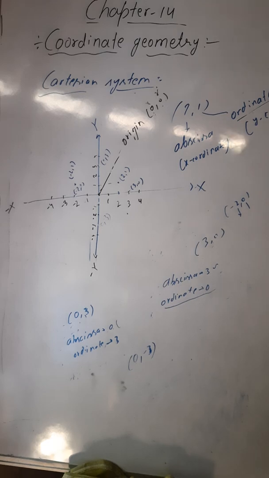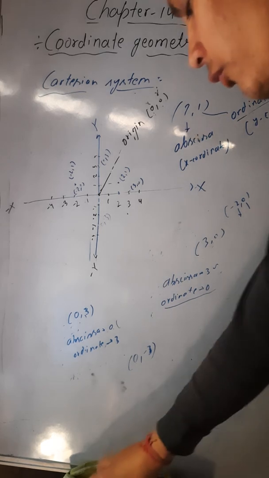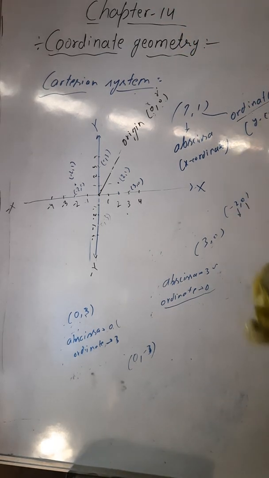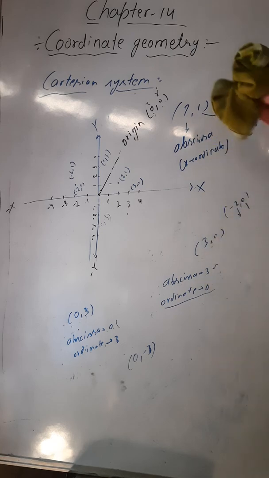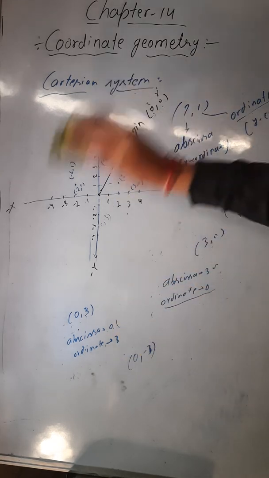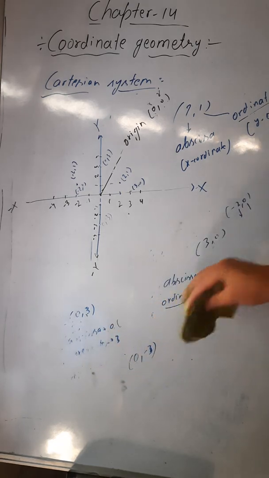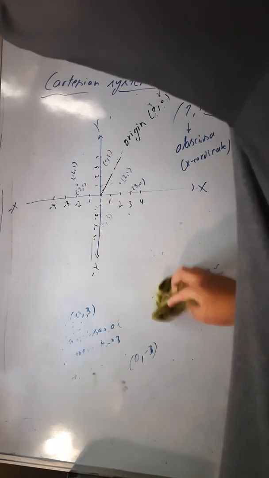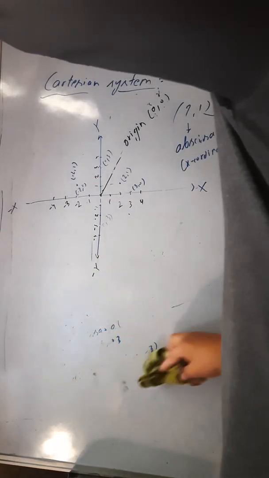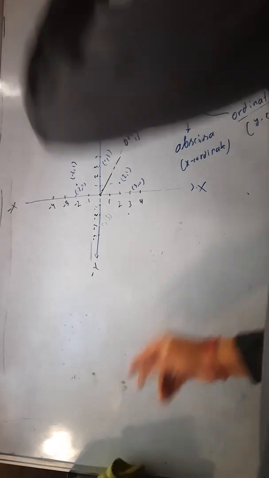Okay. Now some more things we have to discuss. But before this, I am going to give you some work. Some points I am going to give you which you have to locate in the Cartesian plane. Let me give you some homework which you have to do on your own. Okay, dear? Good.